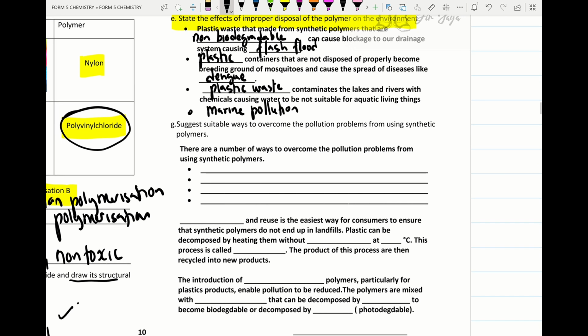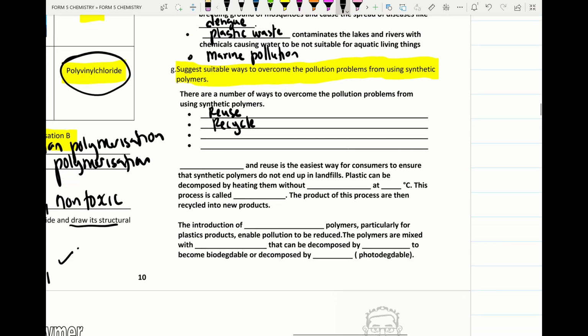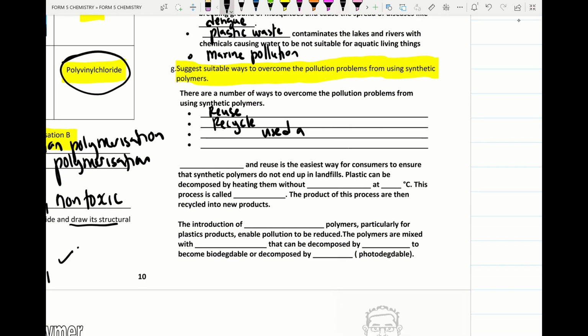All right, so we try to go for question number C. Suggest suitable ways to overcome the pollution problem from using the synthetic polymer. So we try to suggest the number of ways to overcome the pollution problem from using synthetic polymers. The first one will be reuse the synthetic polymer waste, and next one will be recycle the synthetic polymer, and the third one, use of biodegradable or degradable synthetic polymers.